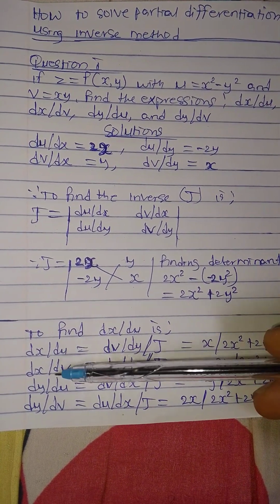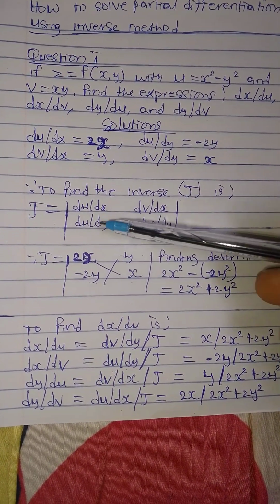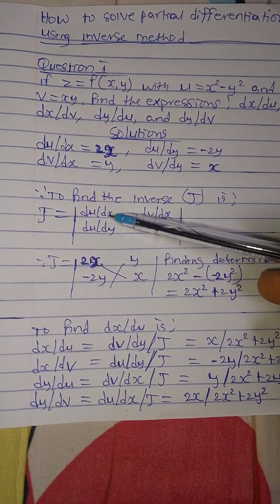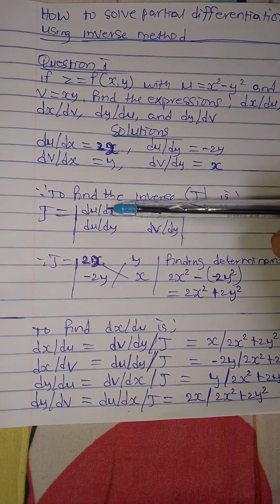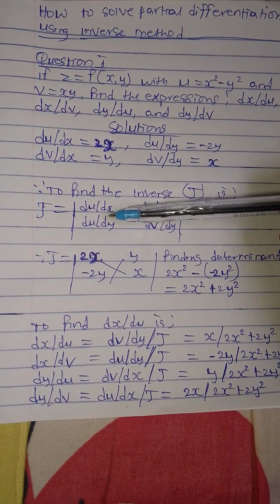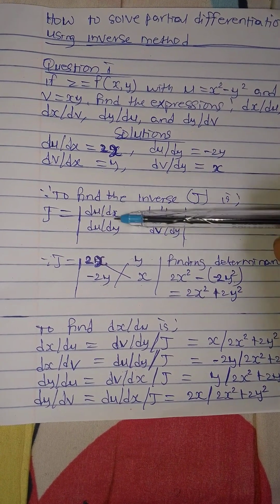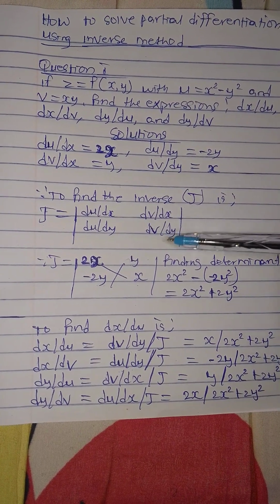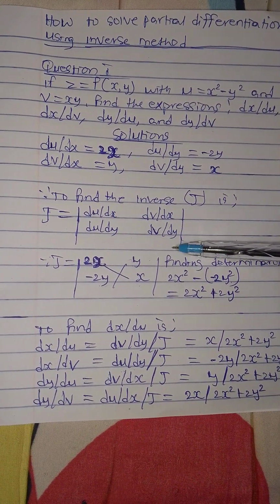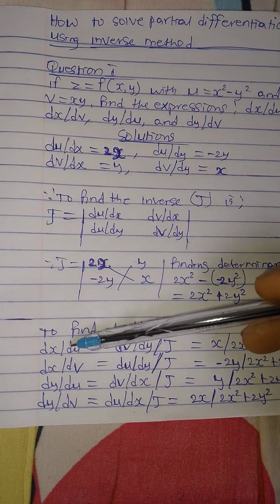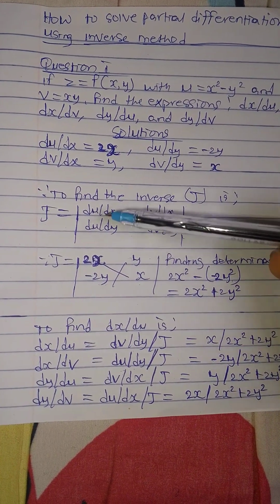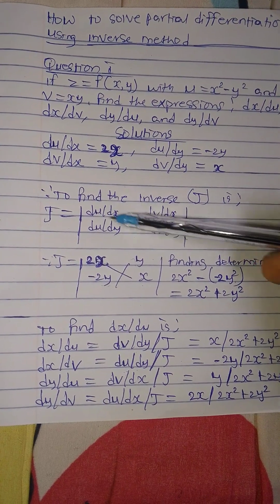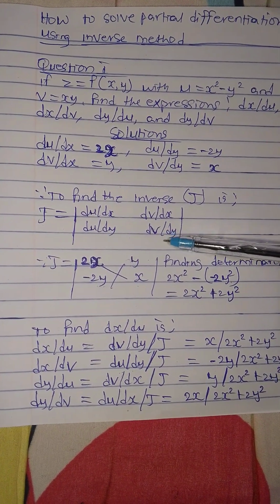Now, dx over du is the inverse of du over dx, and it corresponds to the alternate entry, which is dv over dy.